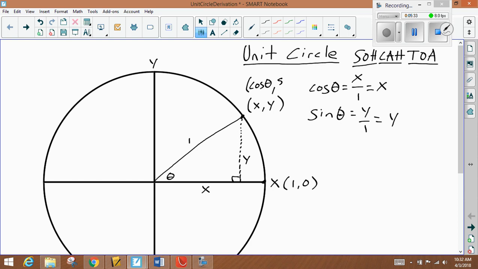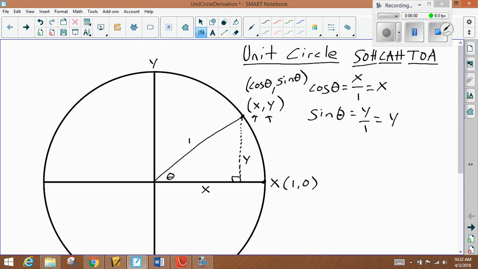So that means that I can represent the coordinates for my unit circle as x is cosine theta and y is sine theta. Fantastic. Awesome.